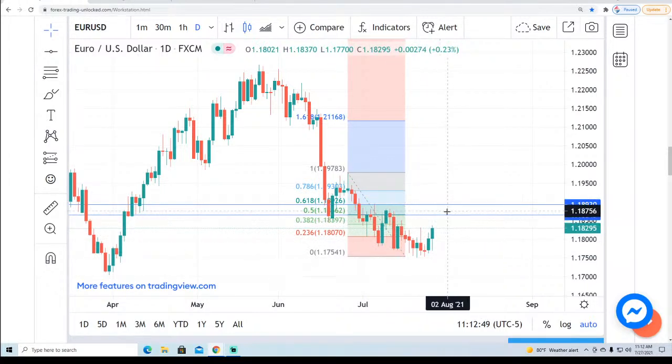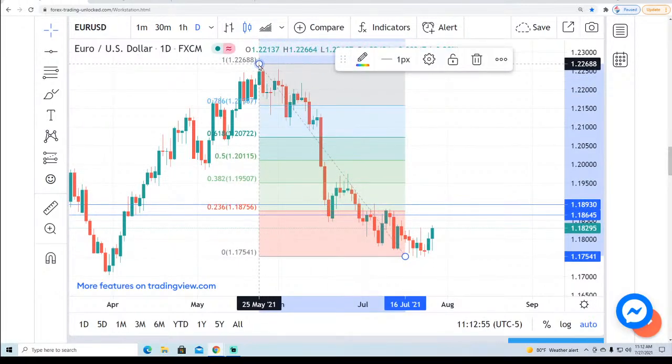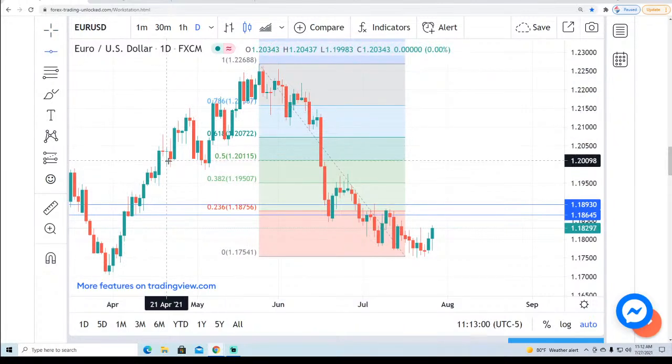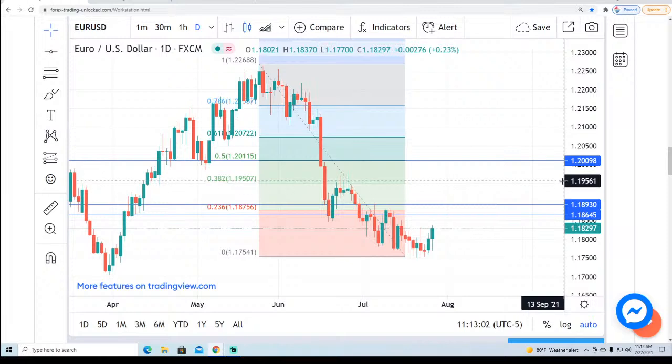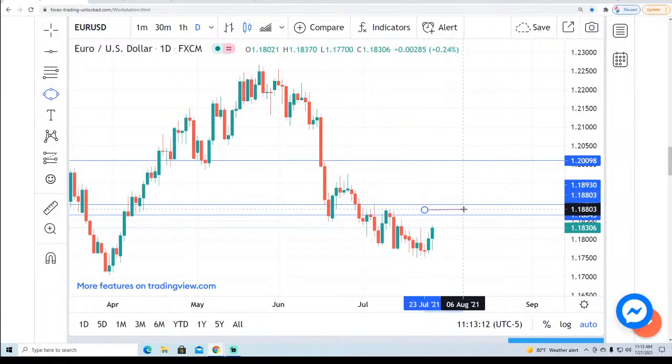Anything above here will have us starting to get a little bit edgy as the bulls really try and make a run for higher levels. If you go off of the high from back in May, since we've been breaking off of it, we do have a little bit of room to the upside. We could get up to this $20.09 area and use this as our big corrective area. So somewhere in this range right here is what you're looking for in the short run.